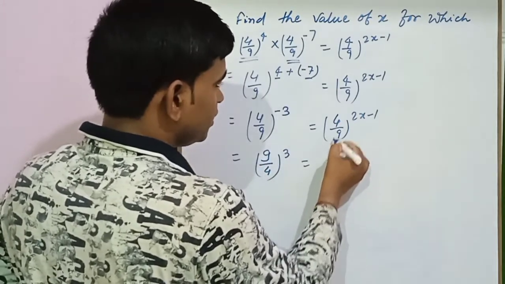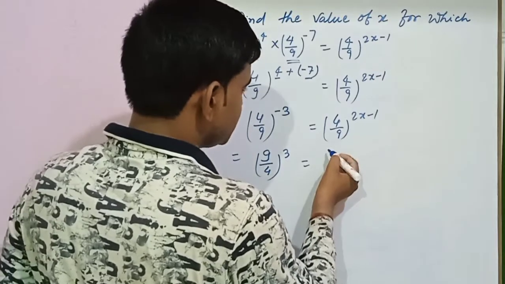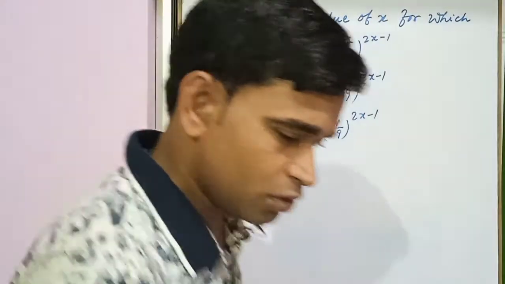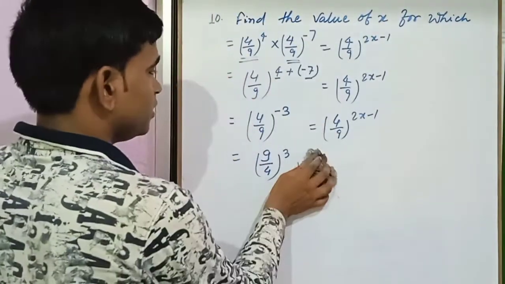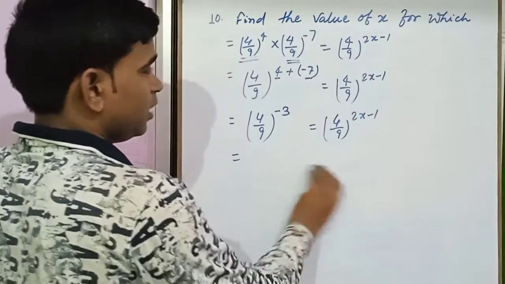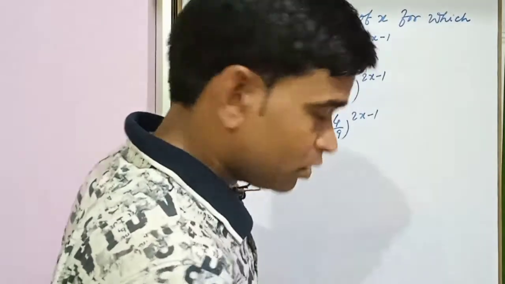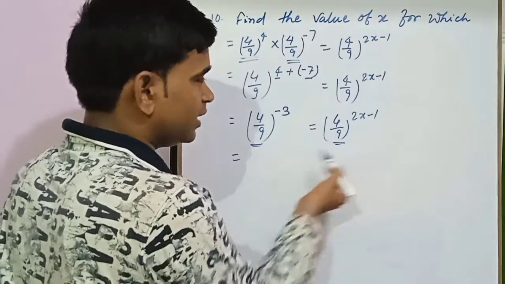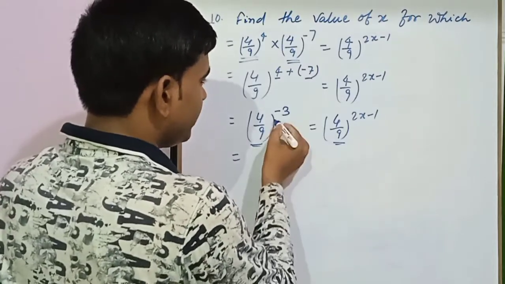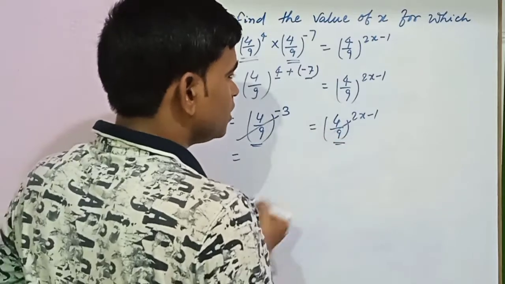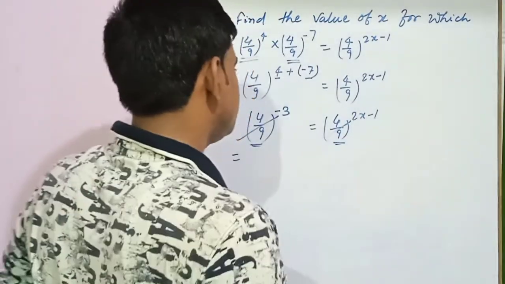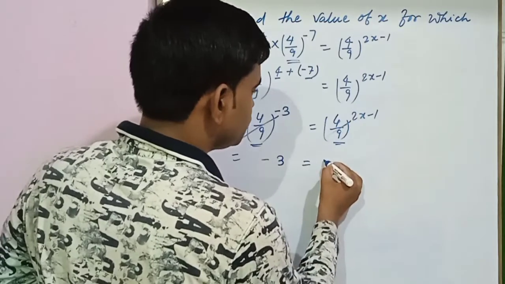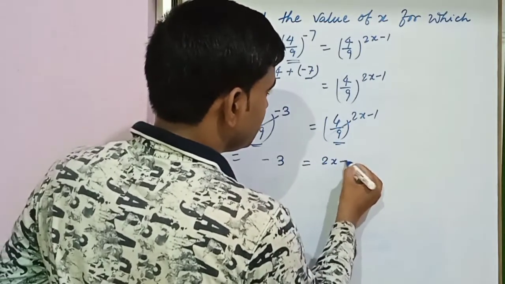But we have not changed the numbers, because the base is equal on both sides, LHS and RHS. So when the base is equal, the exponents are equated, so that we have minus 3 is equal to 2x minus 1.